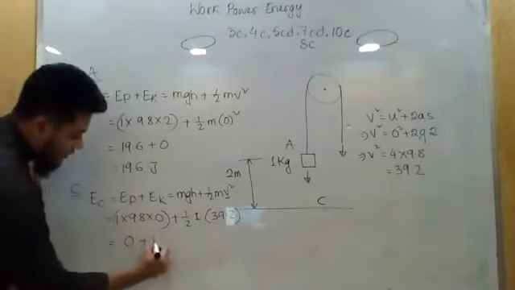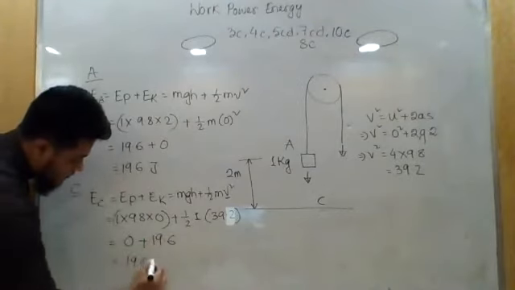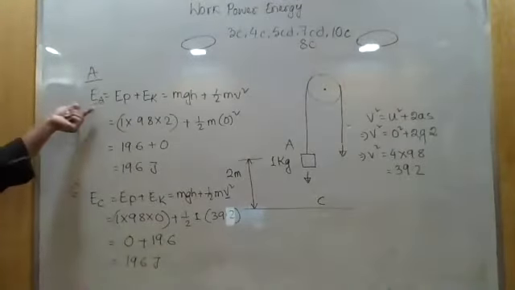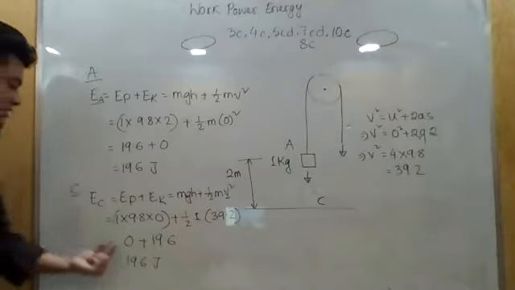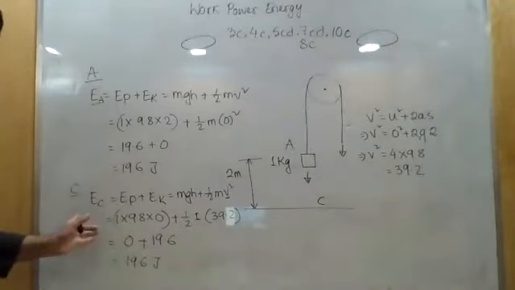It will definitely be 19.6. So the answer is here: it will be 19.6 joule. So we can see that the total energy at point A and the total energy at point C equal each other, right? As a result, we can say the system follows the conservation law of energy.